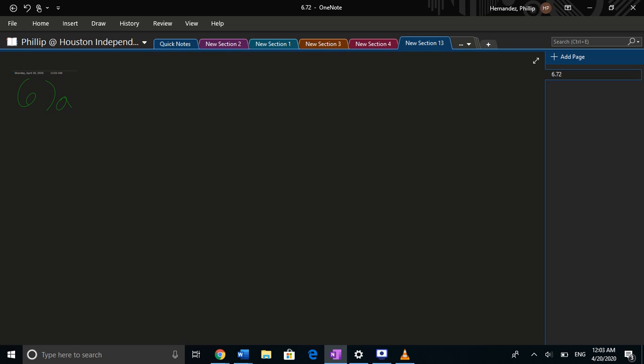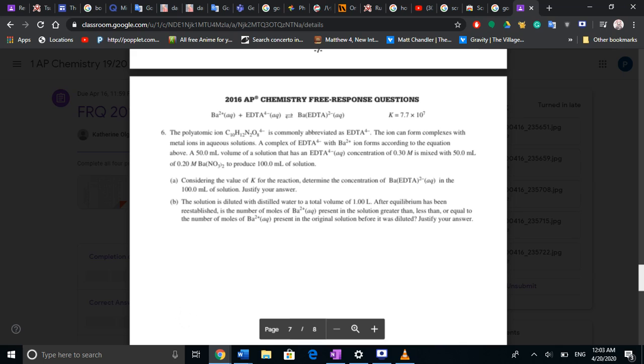What's happening is that we need to consider the value for K. Our equilibrium constant is 7.7 times 10 to the 7th power. That's very large. We need to determine the concentration of our product in the 100 milliliter solution, and we need to adjust by proportions.